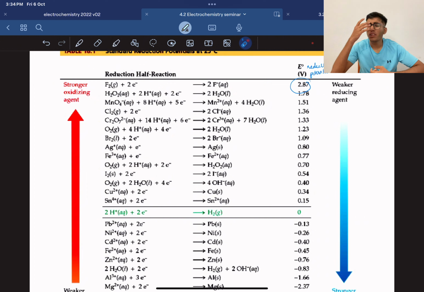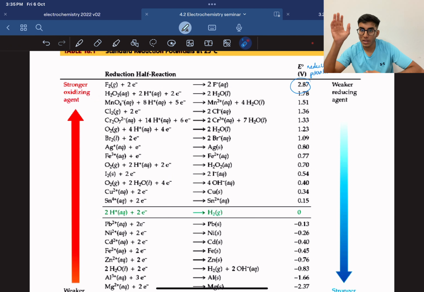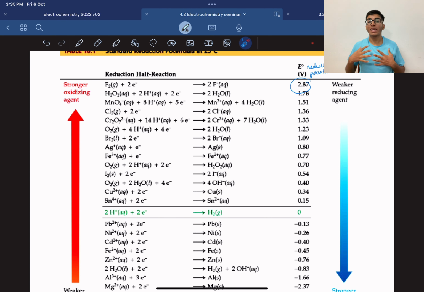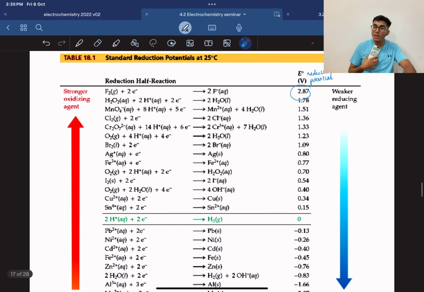And there's another simple way to understand this. Reduced means that you will gain electrons. So when I'm getting reduced, I add electrons onto myself. Let's consider this calculator to be an electron. I add it onto myself. Now I'm reduced. Oxidation means loss of electrons. So it just makes sense.